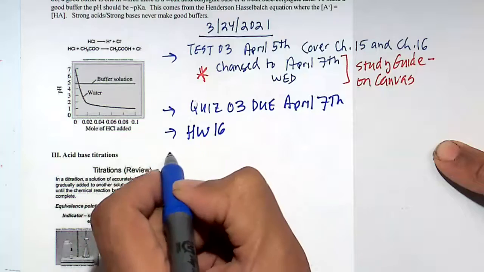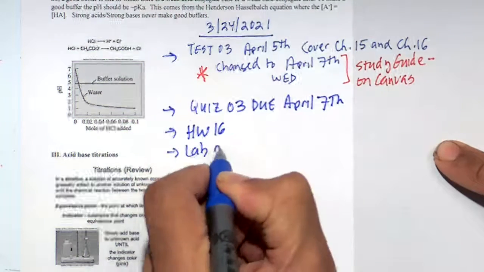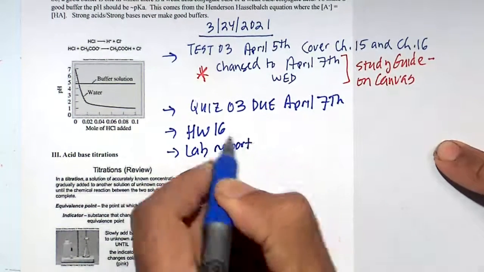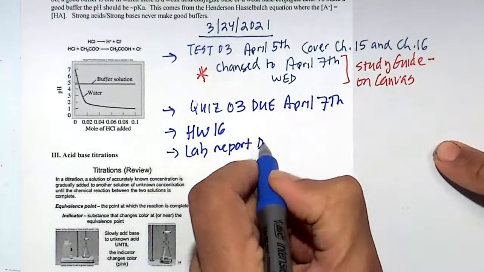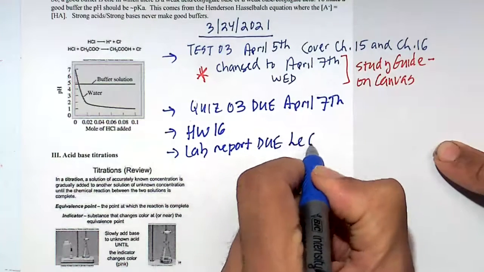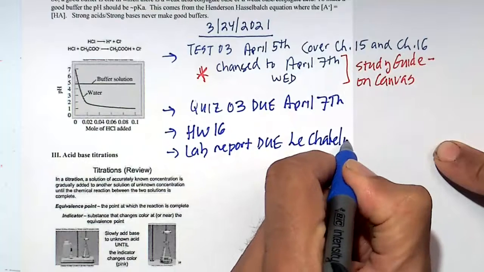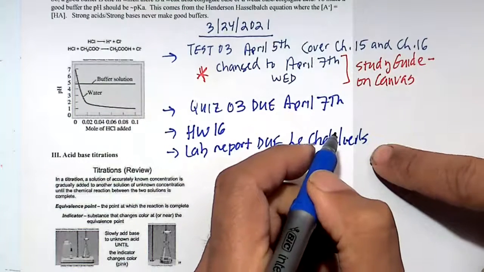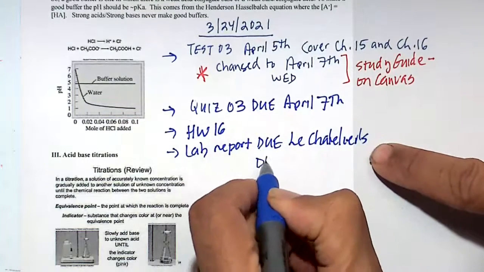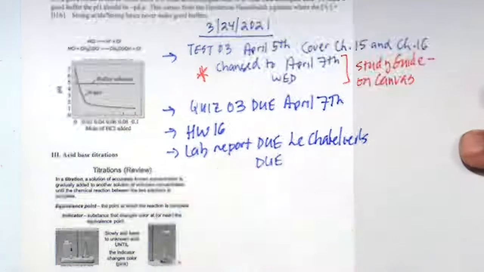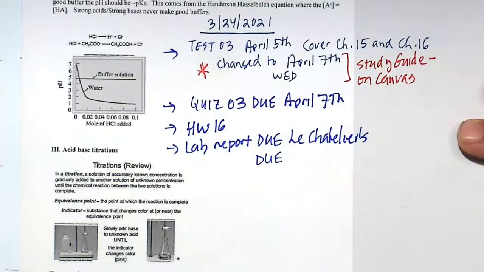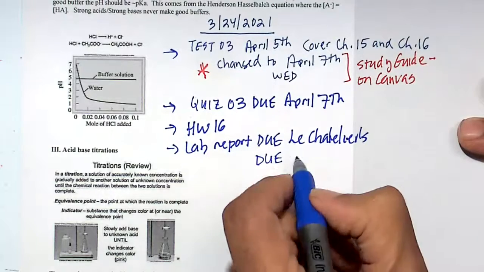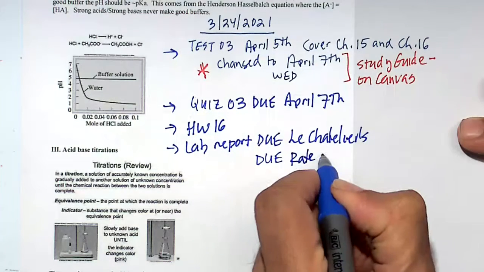And lab, so there was a lab report due on Le Chatelier's principle. That's over. We're not doing this. Last week was the last week, and a lot of you have not turned in the rates of reaction lab report. Some of you have, some of you haven't, but if you have, good.